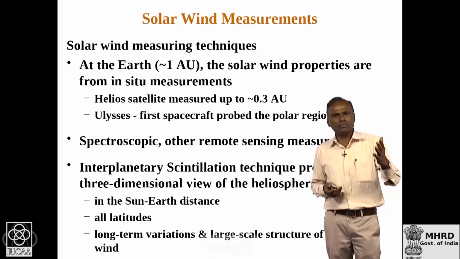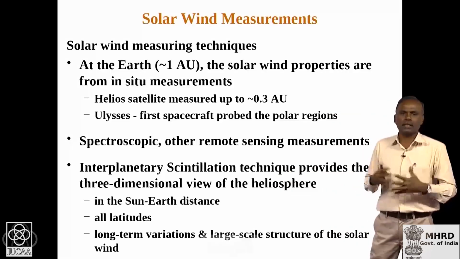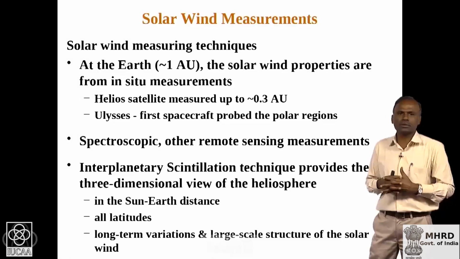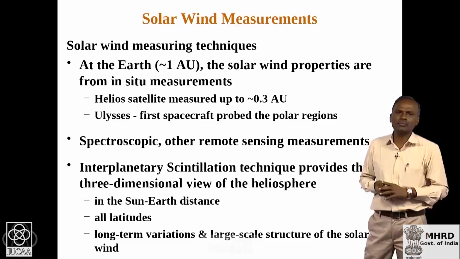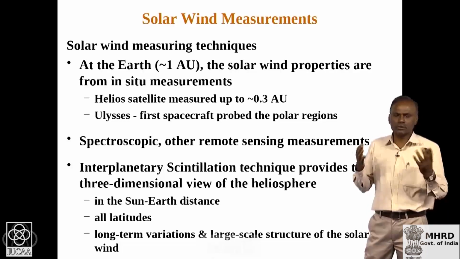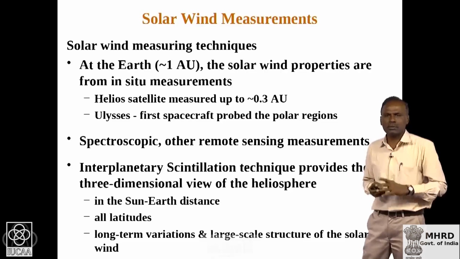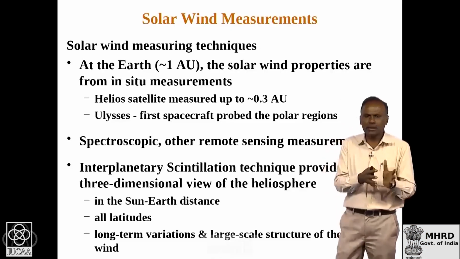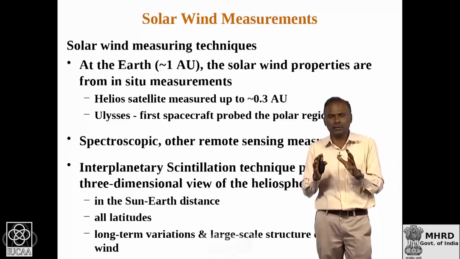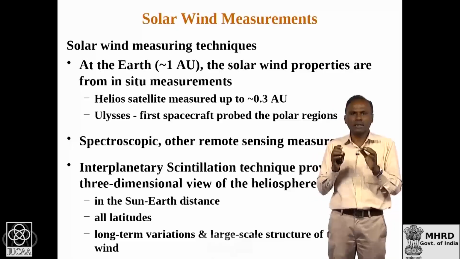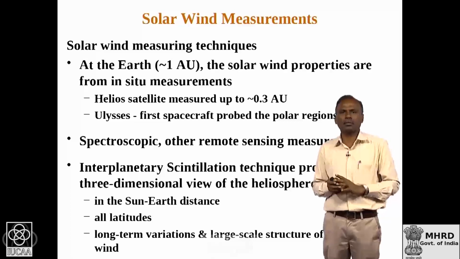In between sun and Earth, is there any other method to measure the solar wind speed? The interplanetary scintillation technique is used to infer the properties of the solar wind in the region from the sun to Earth distance, whereas in situ measurements or point measurements give properties of the solar wind at a given point.